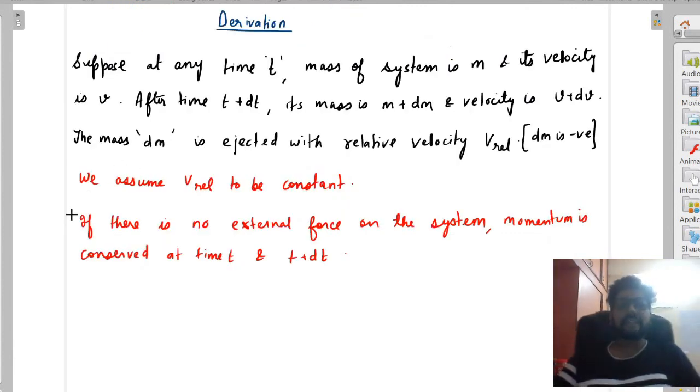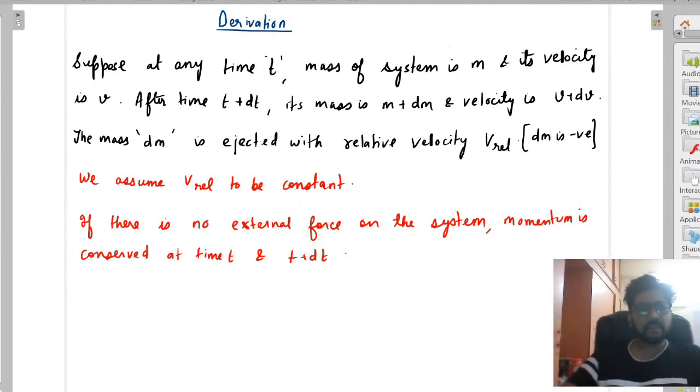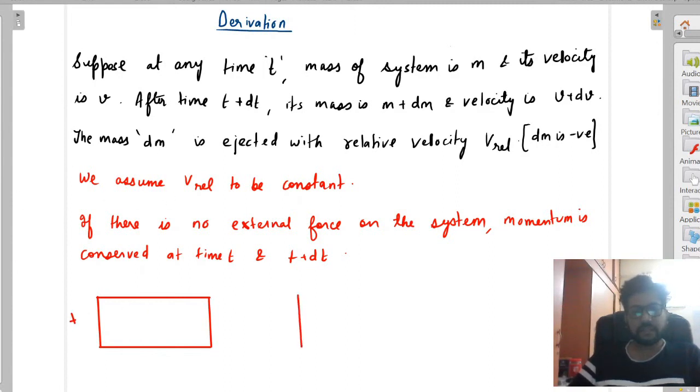Now we will derive this relation. So let us suppose that at any time t the mass of your system is m. So let us draw the system. So this is at any time t, and this is, let us assign a different color.